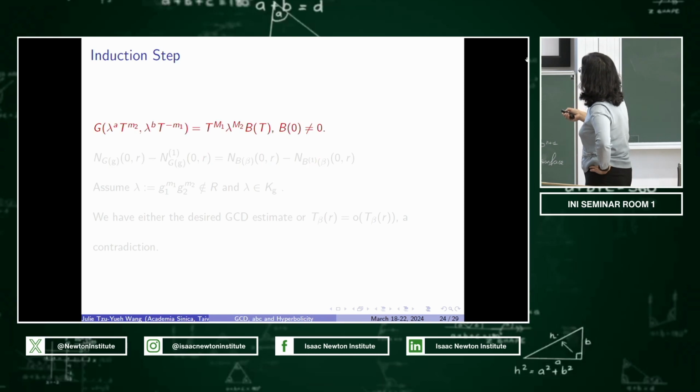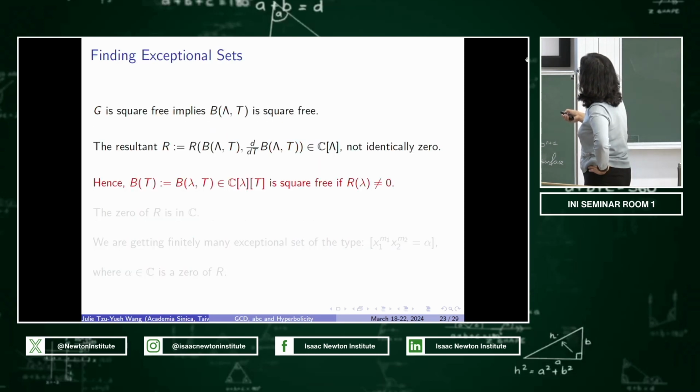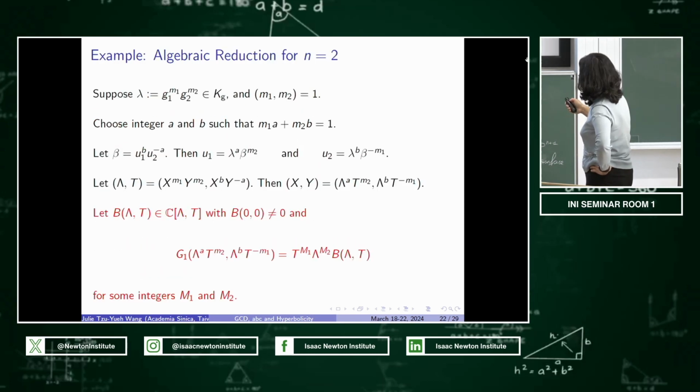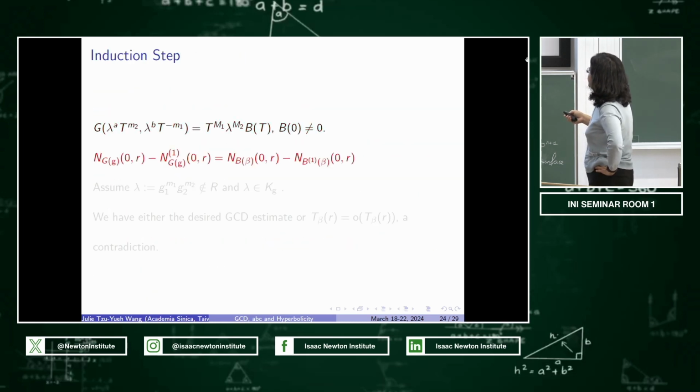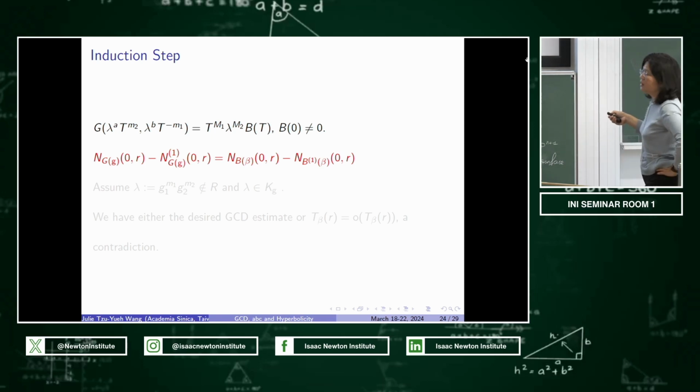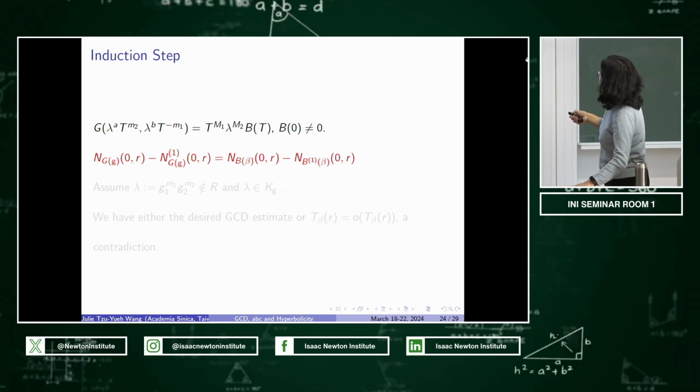Let's go back a little bit. Here is the equation, and the thing is now everything is a unit, so you don't need to worry about this part. When you are computing this counting function, you have nothing to worry about. They are really equal.